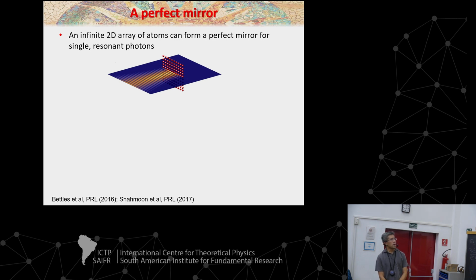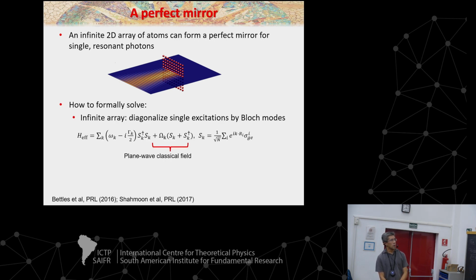Okay, so the way we formally solve it is the following. Let's take an infinite 2D array in the transverse directions. Now, once it's infinite, again, you can imagine solving or diagonalizing the single excitation manifold by Bloch's theorem.